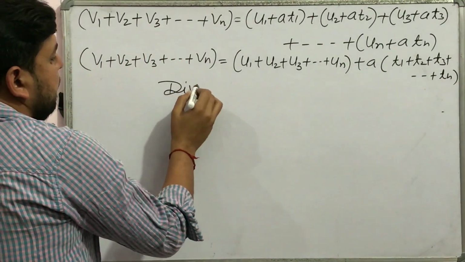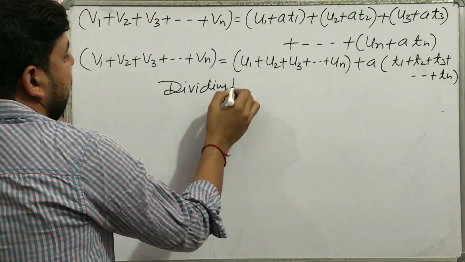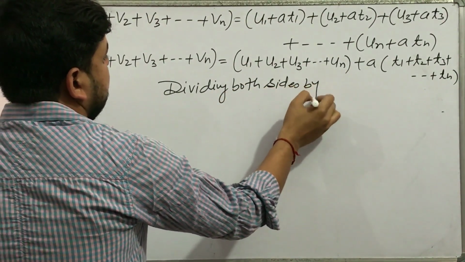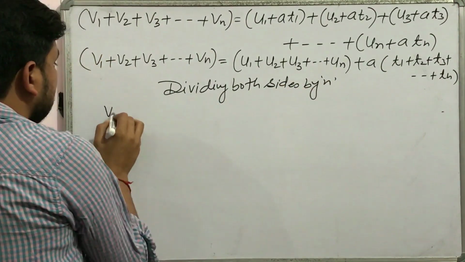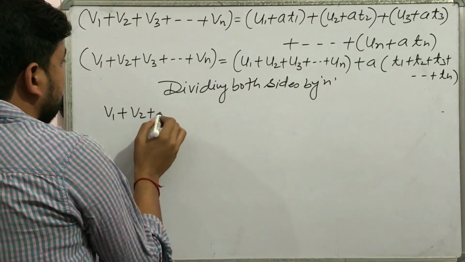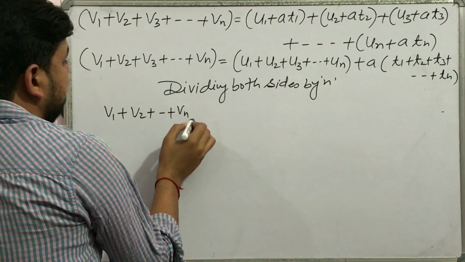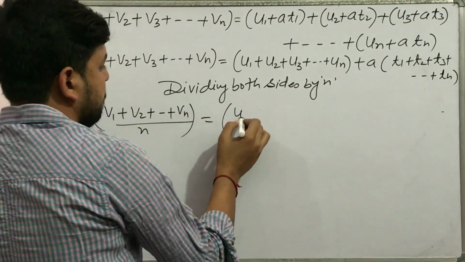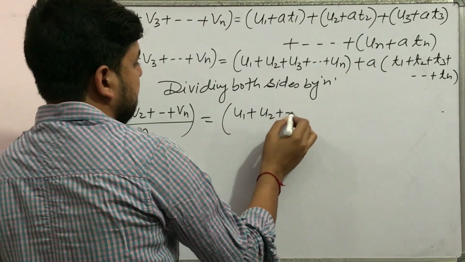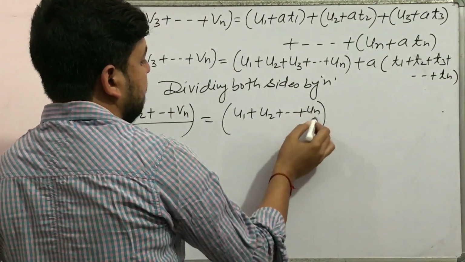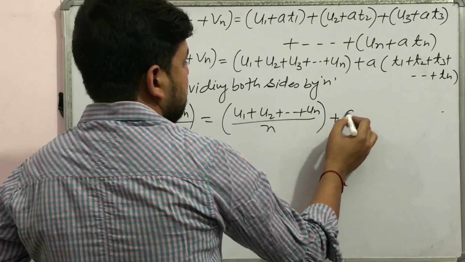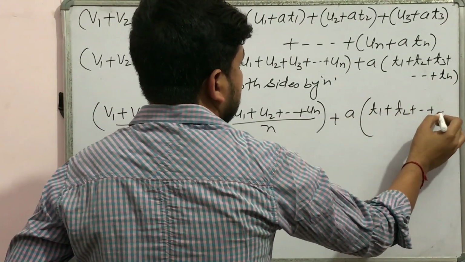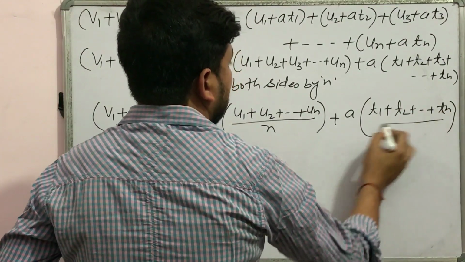Dividing both sides by n, v1 plus dot dot dot plus vn over n is equal to u1 plus u2 plus dot dot dot plus un over n plus a times t1 plus t2 plus dot dot dot plus tn over n.